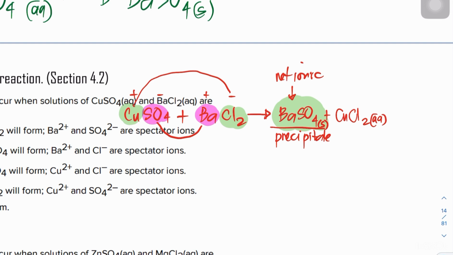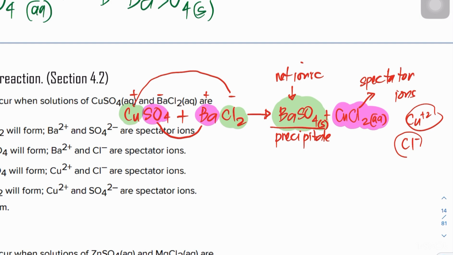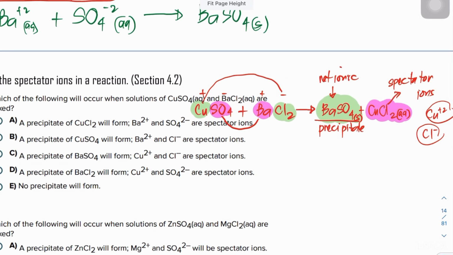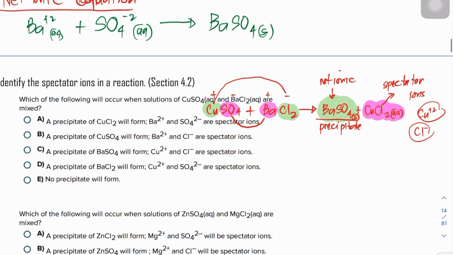And how about this one here? The CuCl2 is what we discussed as the spectator ions. So it can be Cu plus 2 and then Cl minus. Okay, so that will be our spectator ions. So let's start with the choices.